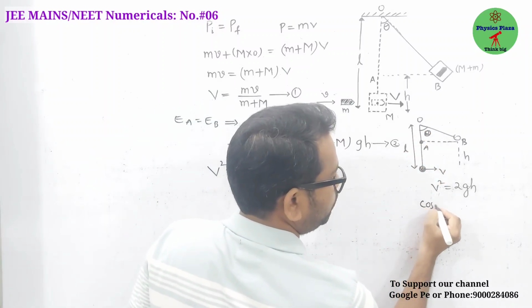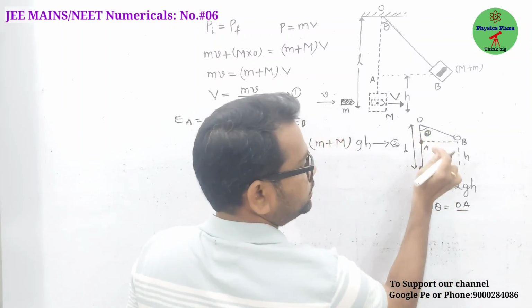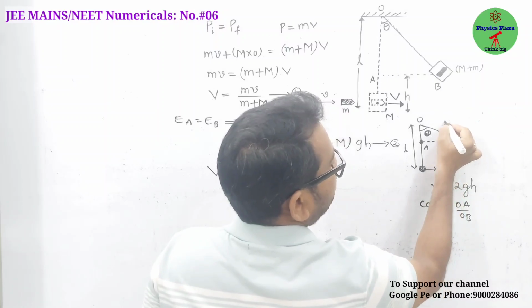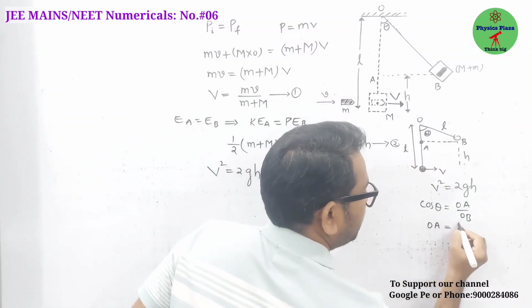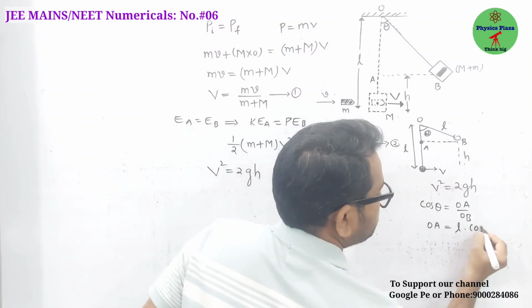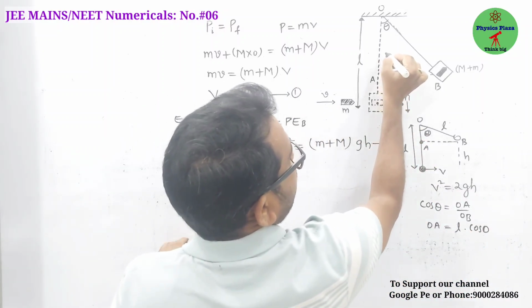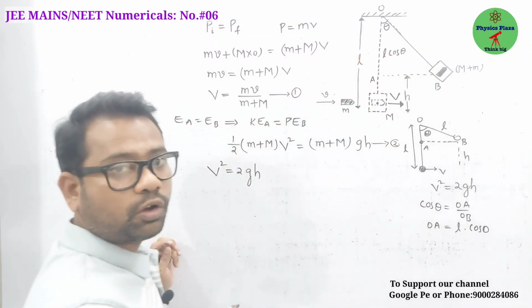Cos theta is equal to the adjacent side by the hypotenuse, that is OB. OB is nothing but the length L only, right? So obviously OA is equal to OB into cos theta, that is L cos theta.